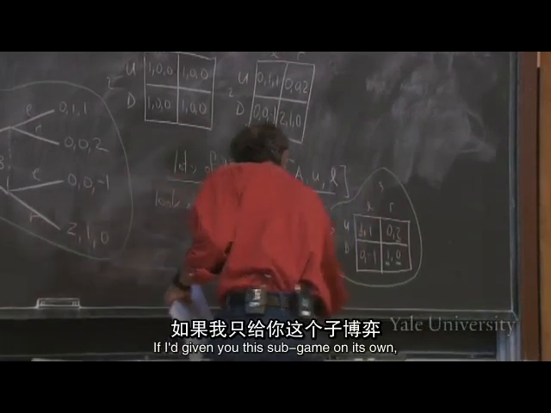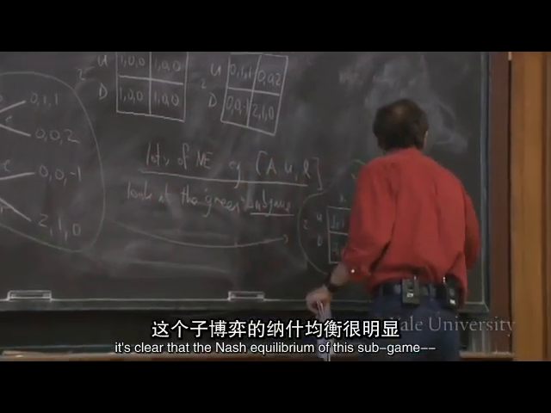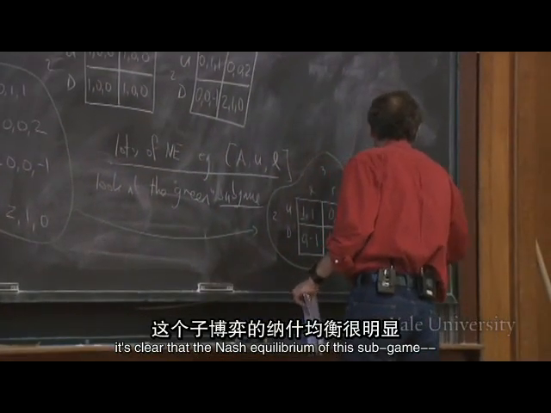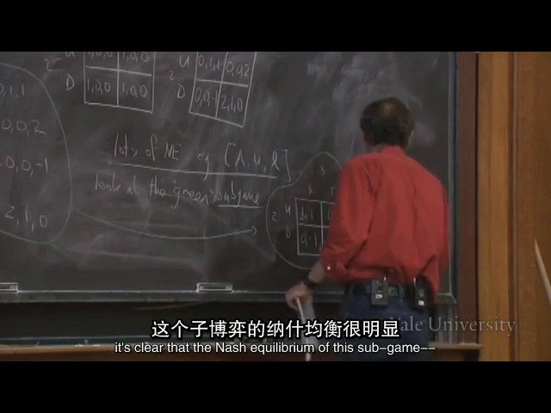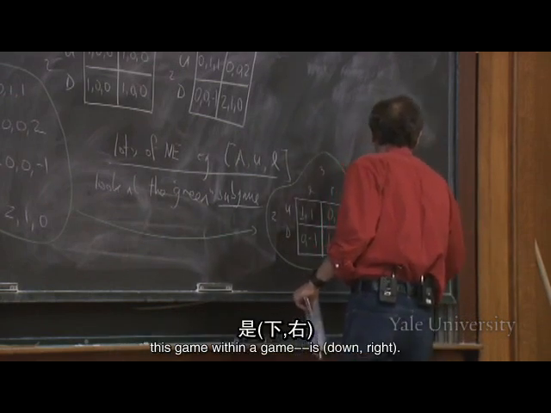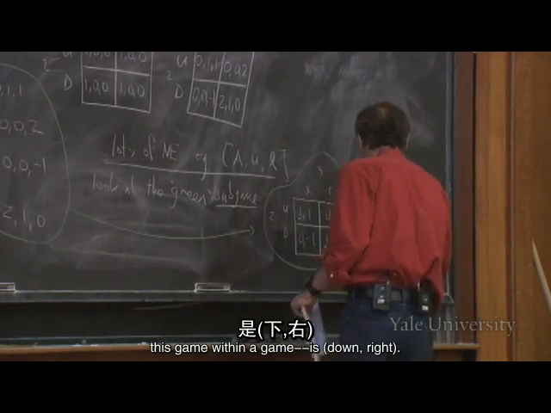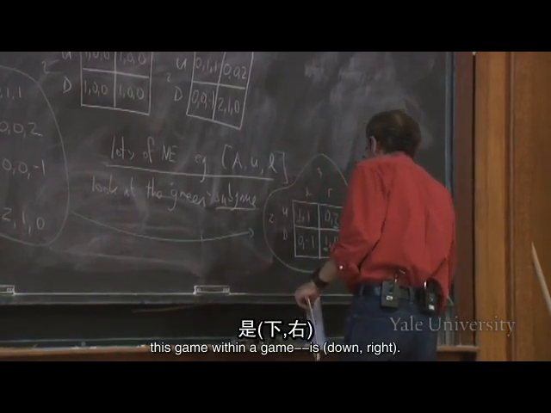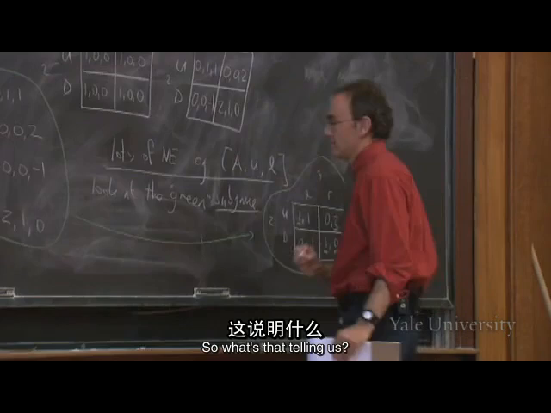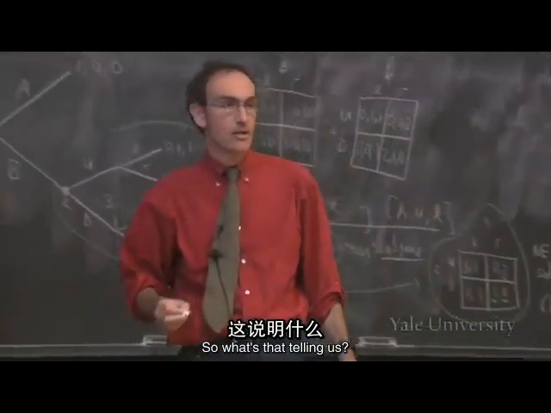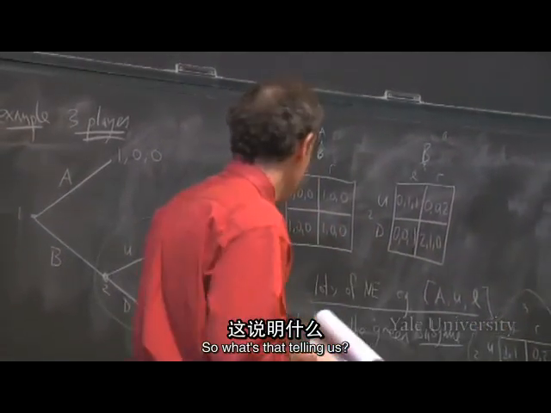If I'd given you this sub-game on its own, it's clear that the Nash equilibrium of this sub-game, or this game within a game, is down, right. It's down, right. So what's that telling us?